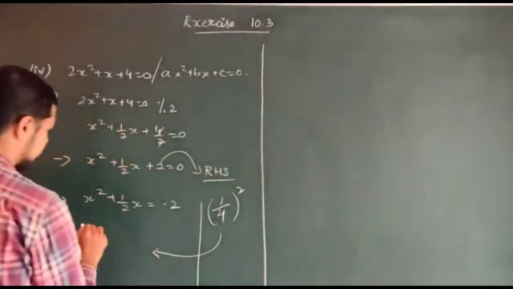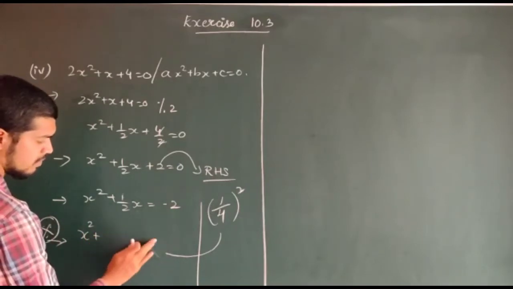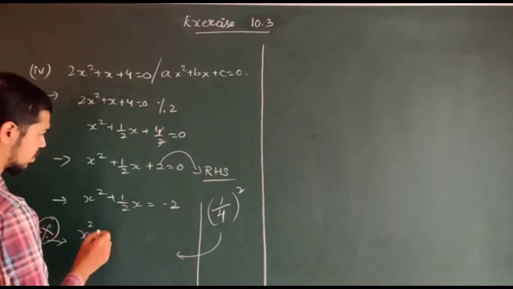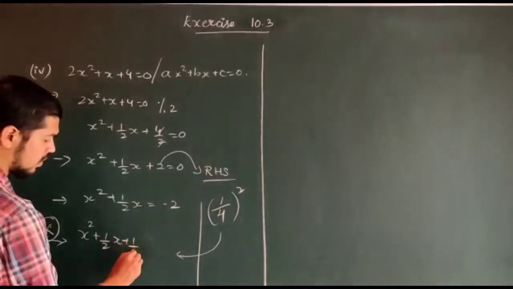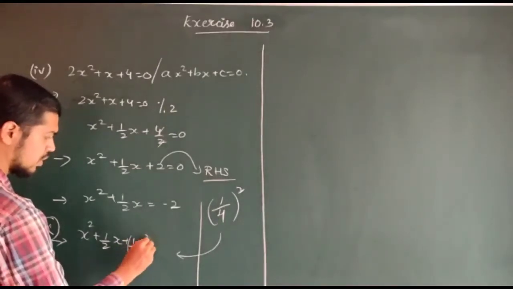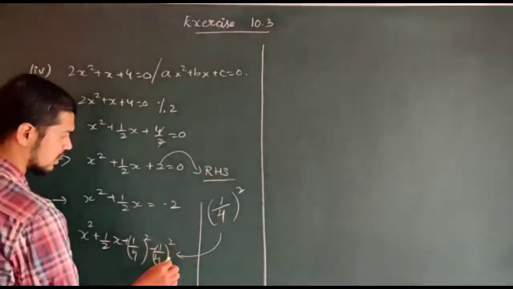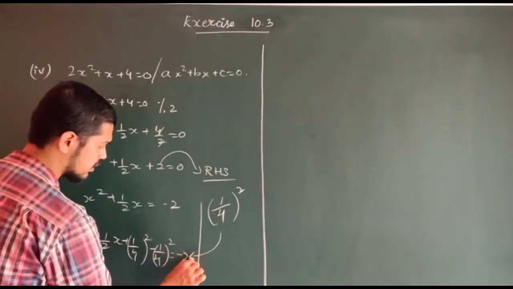So this is x square plus 1 by 2x plus 1 by 4 whole square minus 1 by 4 whole square is equal to, this is minus 2.